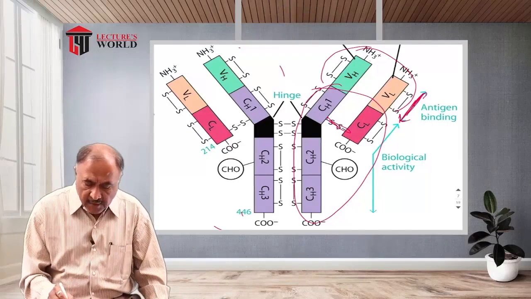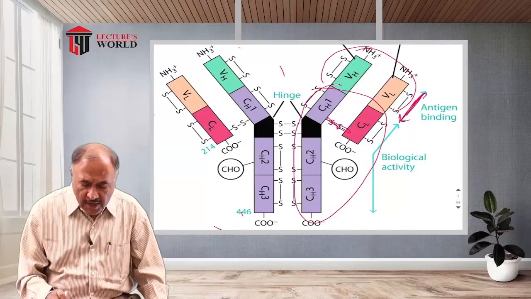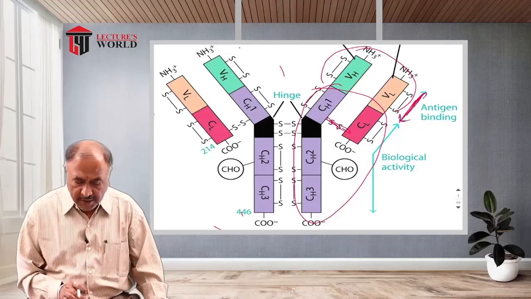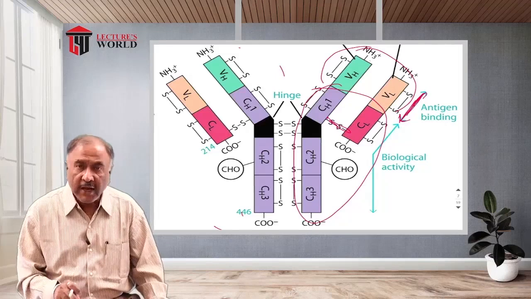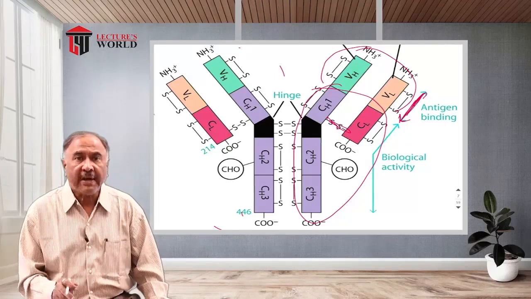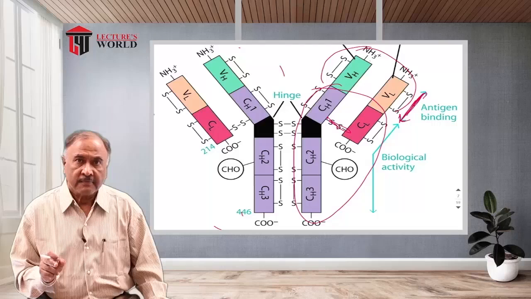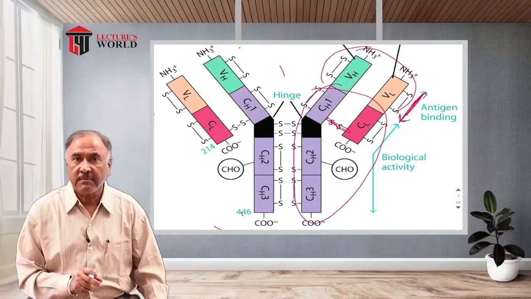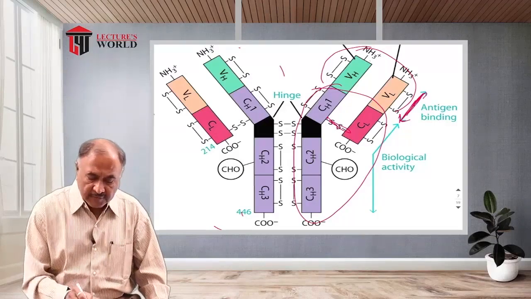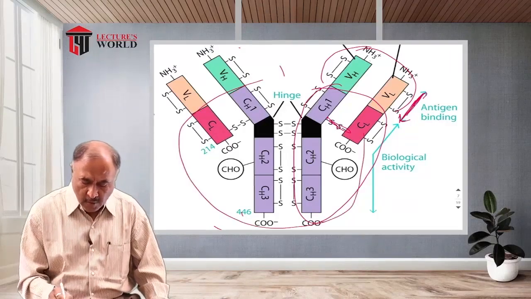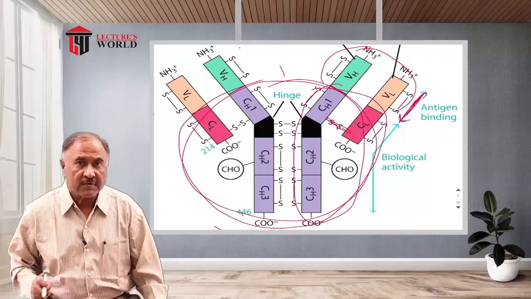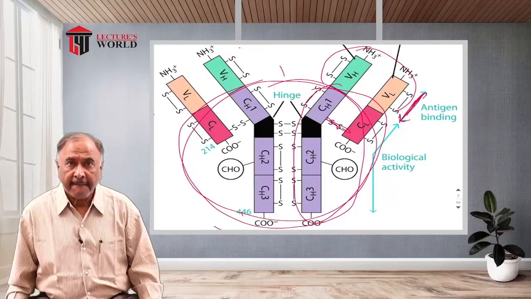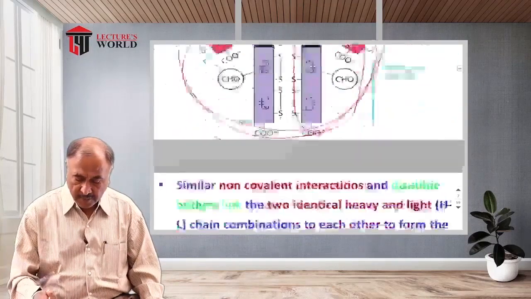This region, as it is known as one which is responsible for biological activity, is also known as FC region, fragment constant. And this is the fragment variable. So this is variable, and this portion as a whole will be called a fragment constant, FC region, FC. Okay.